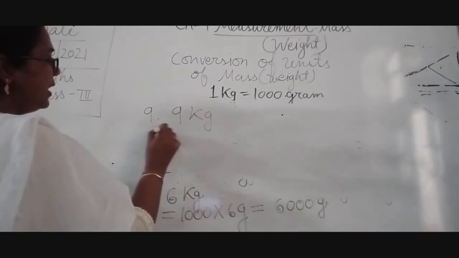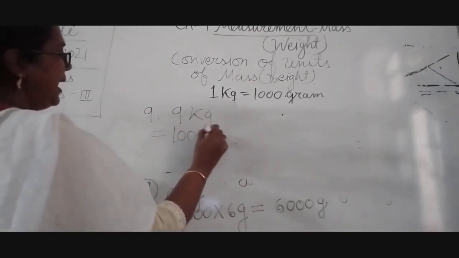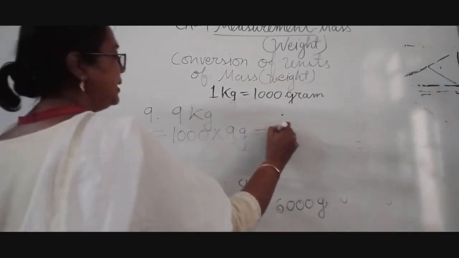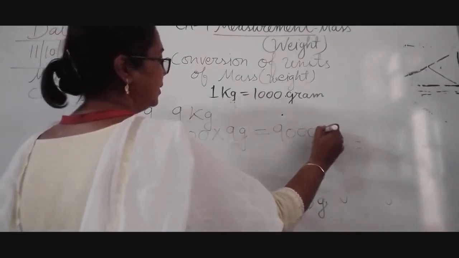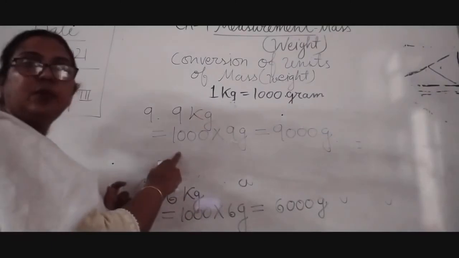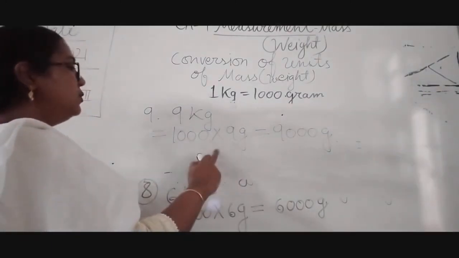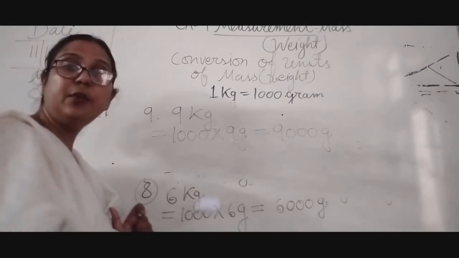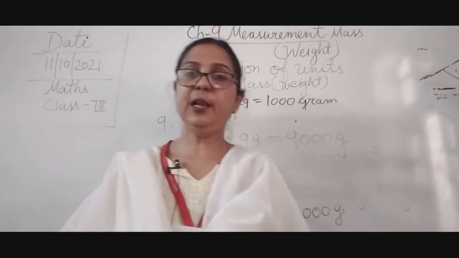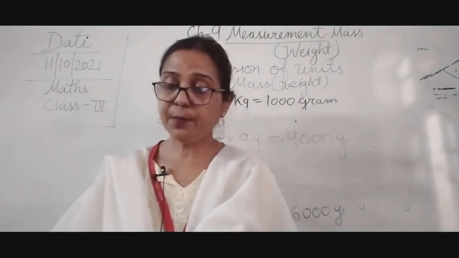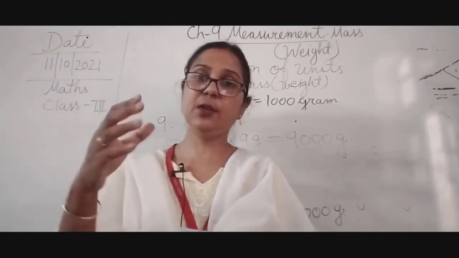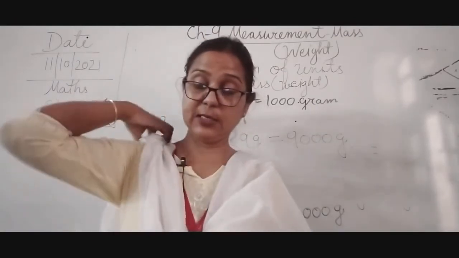So 9 kg we are going to multiply by 1000 grams, and we will get 9000 grams. Now children, similarly we will do our next exercises also, because it was based on the topic we have discussed earlier.